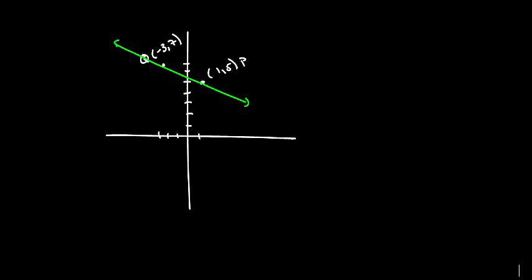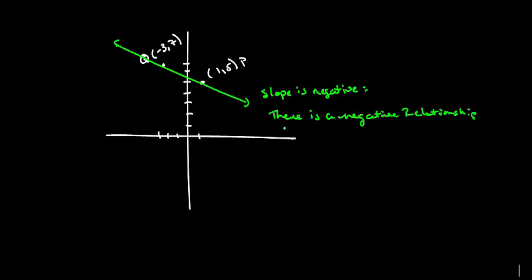If you look at that line, it's clear that the slope is negative. What does that mean? That means that there is a negative relationship between the variable x and the variable y.